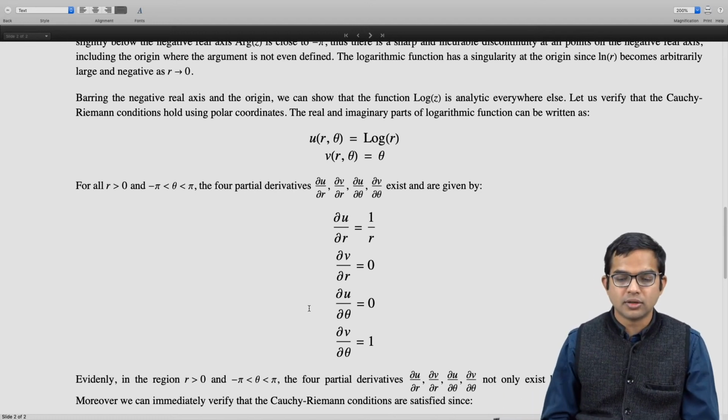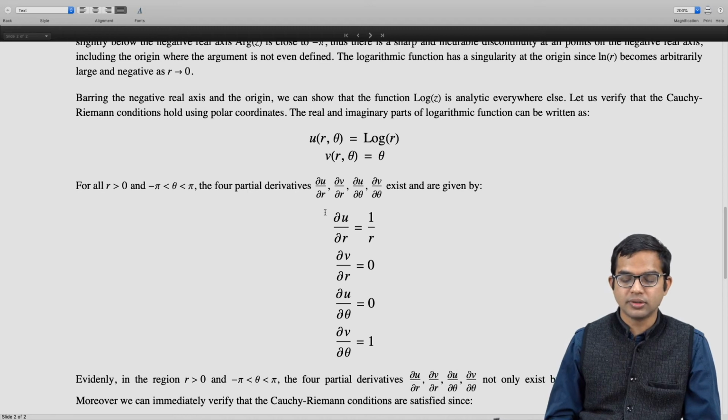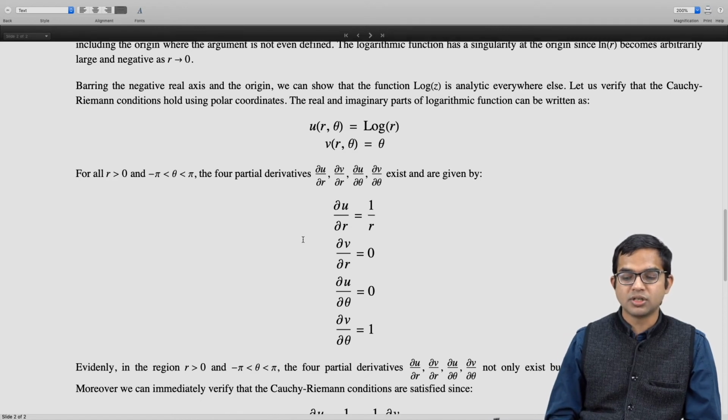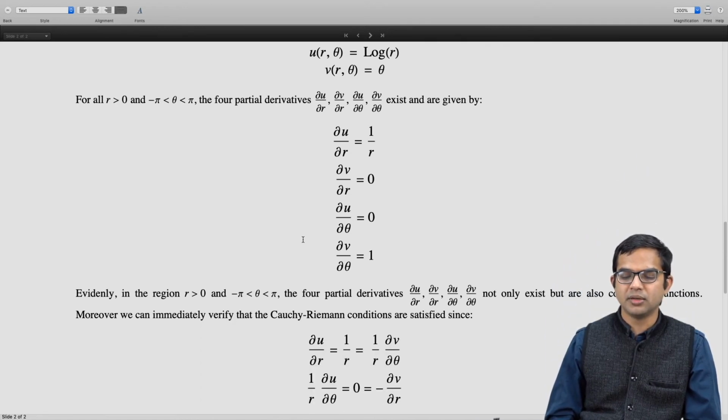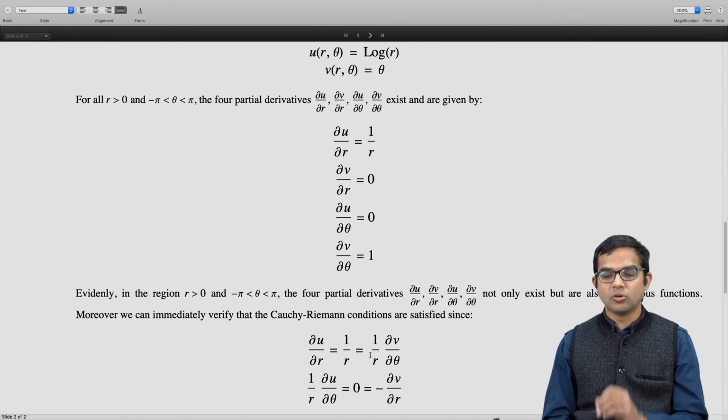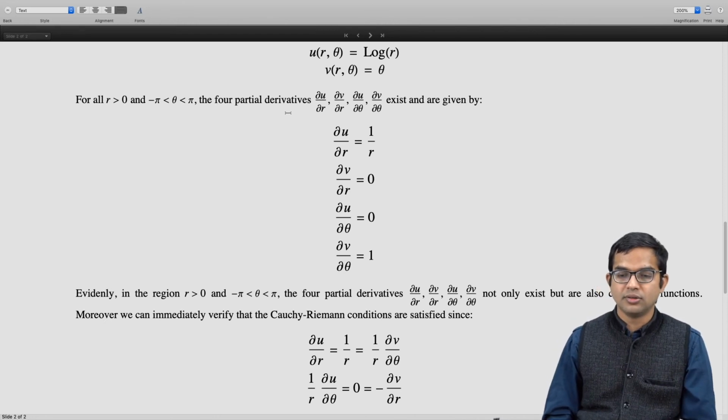So everything that we desire for the real part and the imaginary part holds, and the Cauchy-Riemann conditions are also satisfied, which we can immediately verify in polar coordinates. Dou u by dou r is the same as 1 over r times dou v by dou theta. Both of them are equal to 1 over r, which comes from these equations. Also 1 over r times dou u by dou theta is the same as 0, which is also the same as minus dou v by dou r.